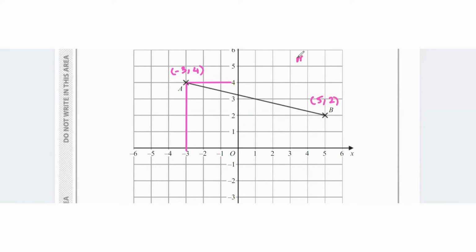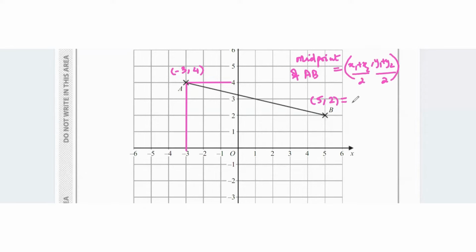So for the midpoint of AB, use a simple formula where we find the average of the x-coordinate and the y-coordinate. That's x1 plus x2 over 2, comma, y1 plus y2 over 2.